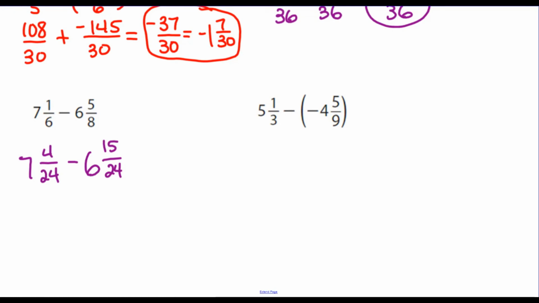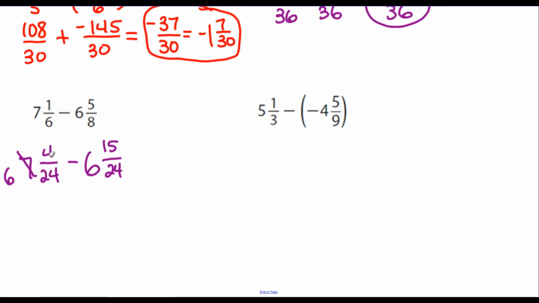So now if I try to subtract my whole numbers, I get 7 minus 6. But if I'm looking at the fraction parts, I have to do 4 24ths minus 15 24ths. And that's actually going to give me a negative number. So I don't have enough to subtract the fraction parts. So actually what I can do is I can borrow with a mixed number if you know how to do that. I'm going to take one whole away from the 7, and that gives me 6.